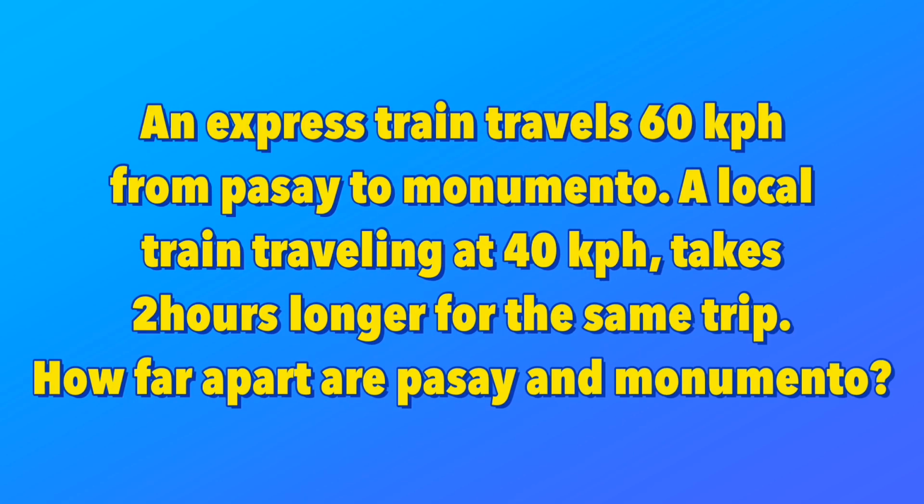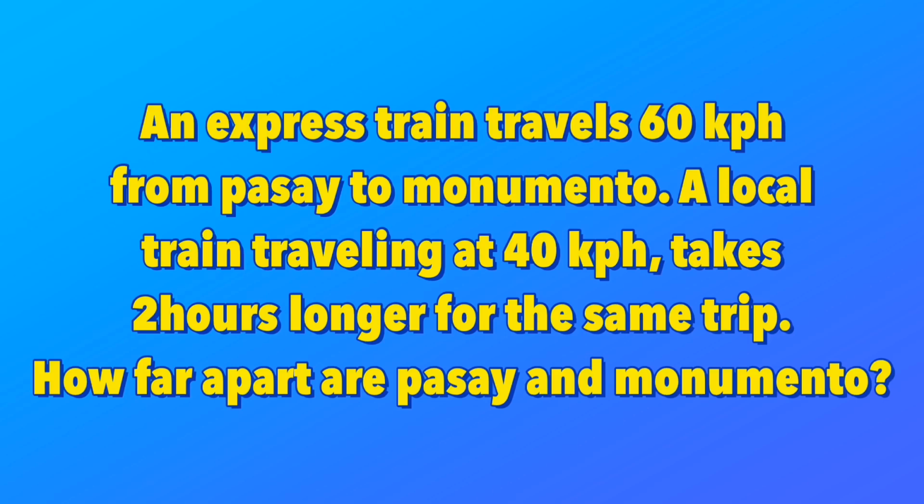An express train traveled 60 kilometers per hour from Pasay to Monumento. A local train traveling at 40 kilometers per hour takes 2 hours longer for the same trip. How far apart are Pasay and Monumento? So it's asking for the distance.